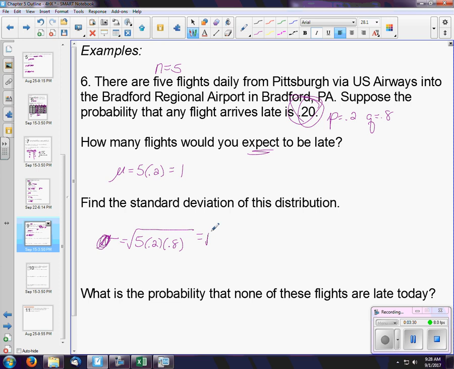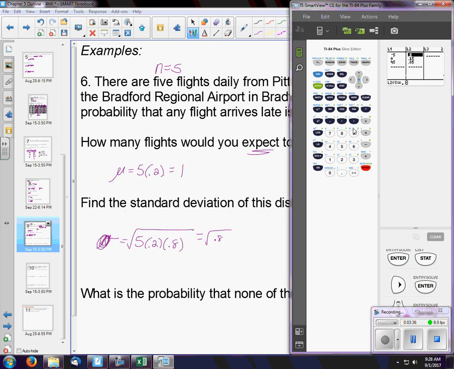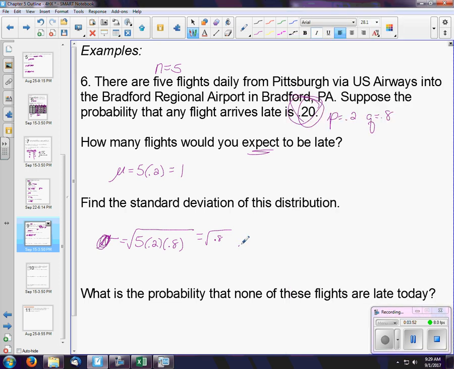So that's the square root of 1 times 0.8, which is 0.8, and then just calculate that. So find our square root of 0.8. Gives us 0.894 when we round.